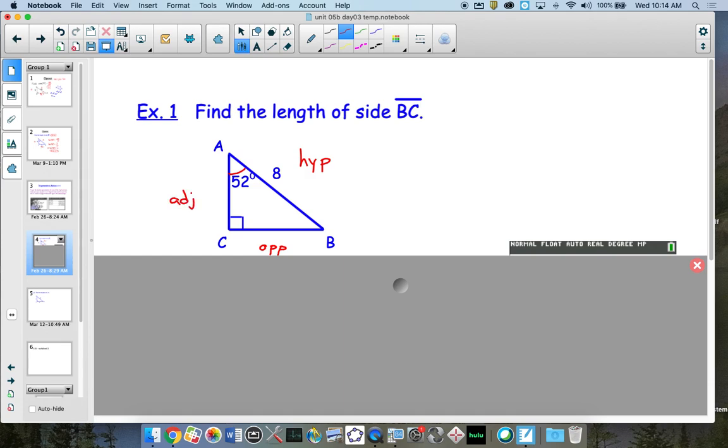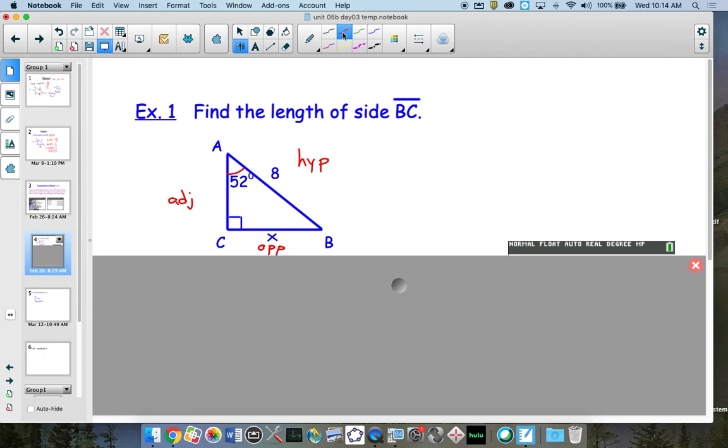They want side BC, so I'm going to call that X. And so now let's look at what we have. We have a number for the hypotenuse, and we're trying to find the opposite. So those are the two sides that we're going to use, the hypotenuse and the opposite. If it helps, at the top of your paper, write SOH CAH TOA.